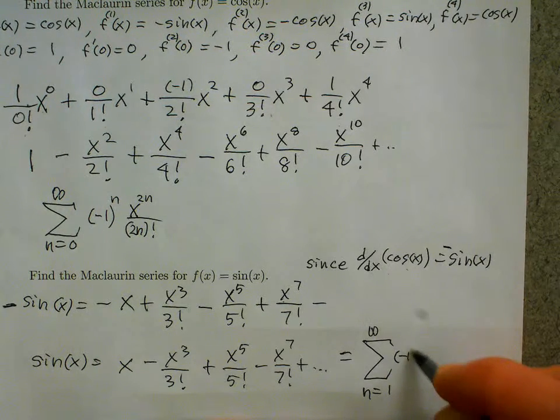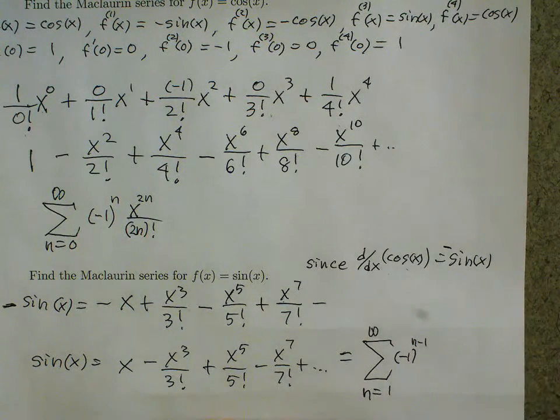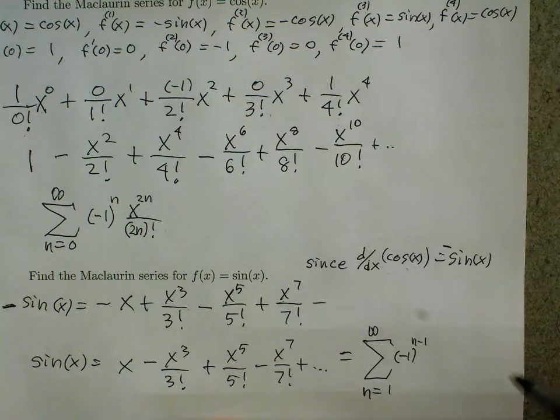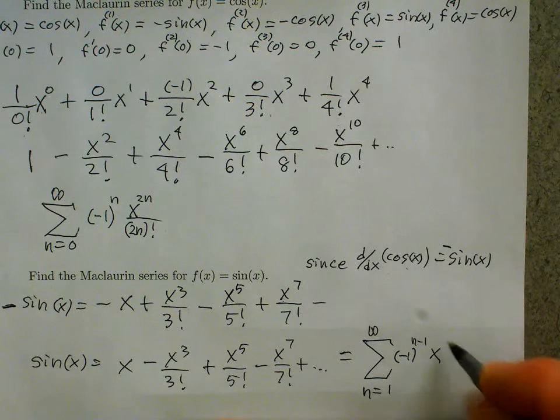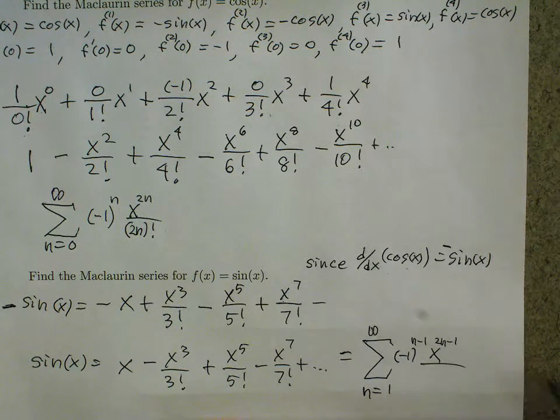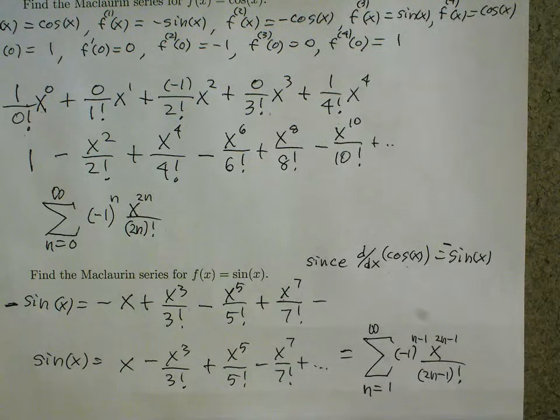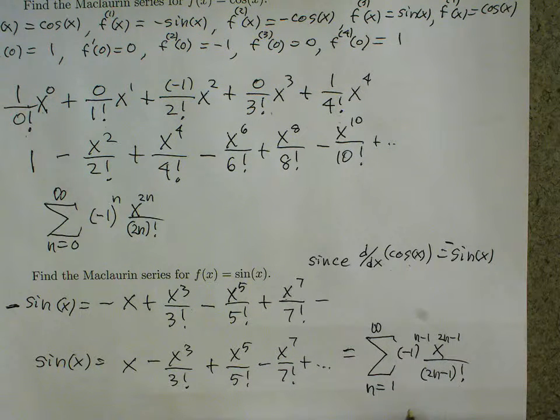So -1 to the n minus 1, and so x to the 2n minus 1 over 2n minus 1 factorial. Yeah, I think that works.